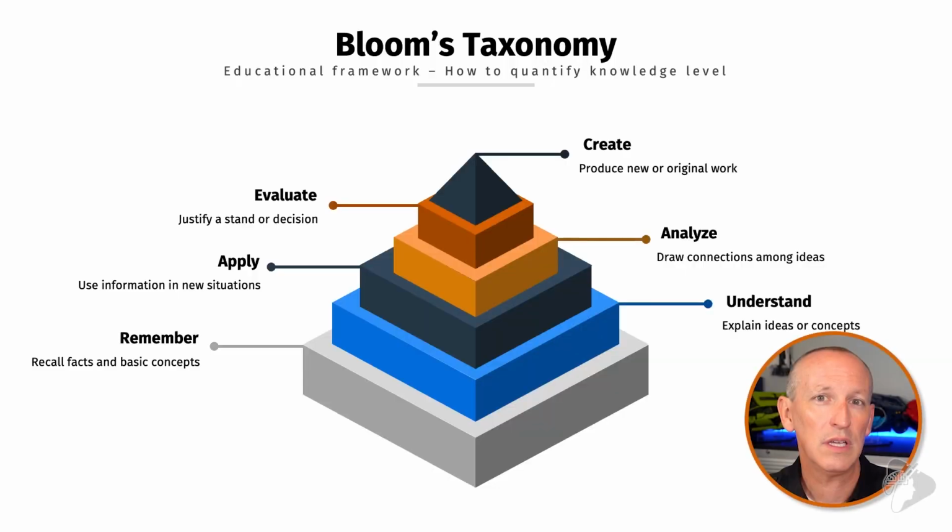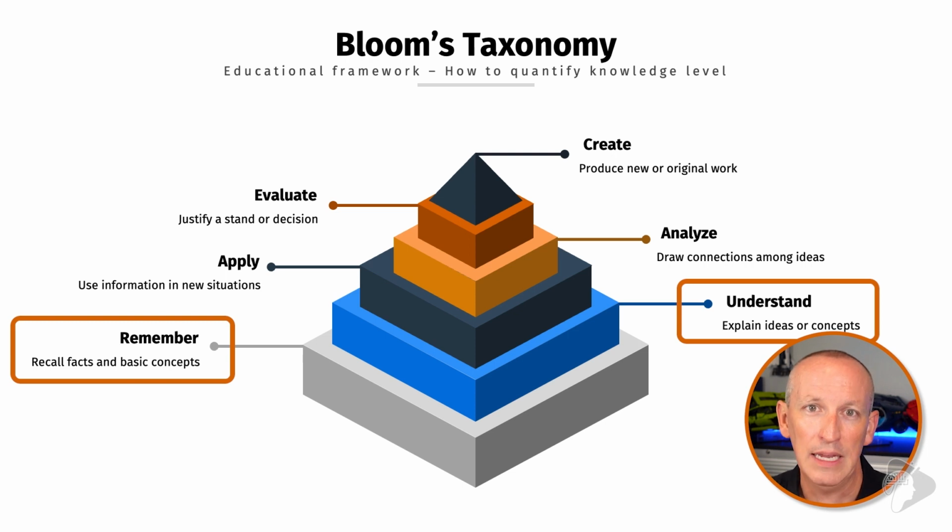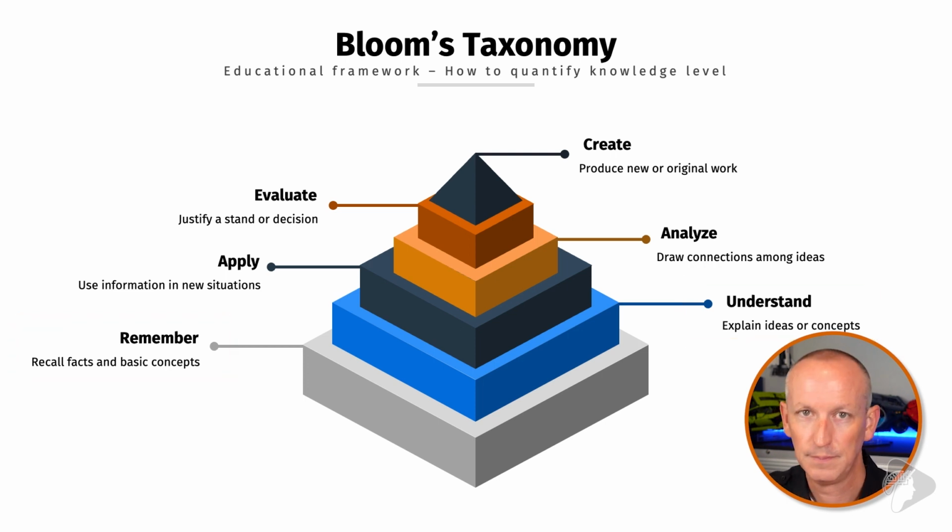Now, when you look at the skills checklist that Microsoft provides for the MS-600 exam, you're going to notice that most of the skills use the following words: define, evaluate, and plan. And that's just for this chapter. These phrases only fall under the first two lower levels of the spectrum of the taxonomy. And that means that for this section of the exam, we're only going to focus on the lower order thinking skills like remembering and understanding only.